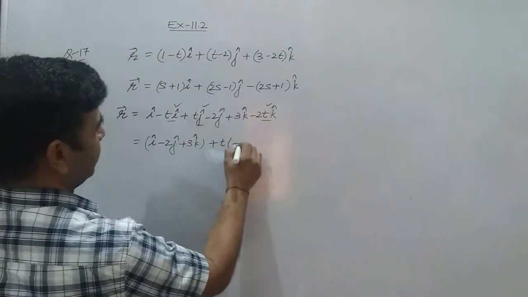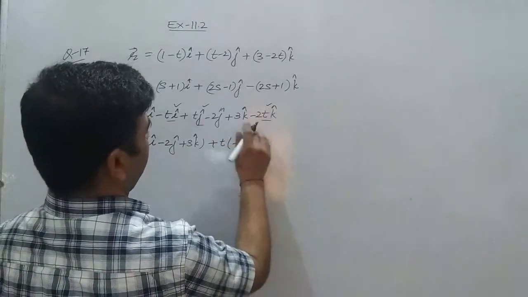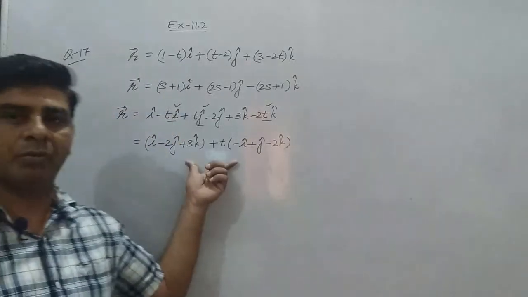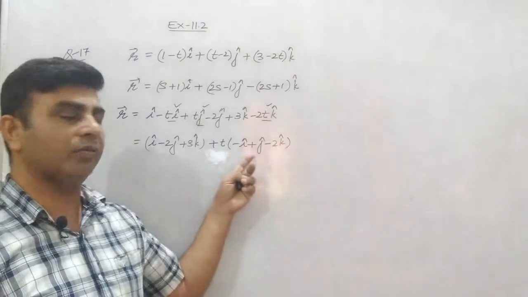So this is minus i cap plus j cap minus 2k cap. Now this is a proper, standard form of equation of a line, which can be written as a plus lambda of vector b.